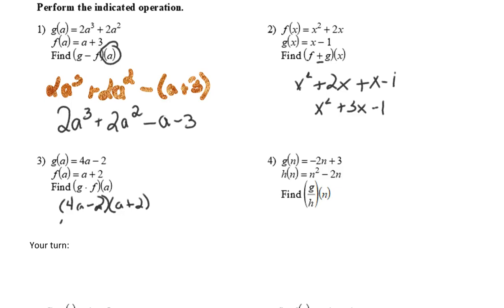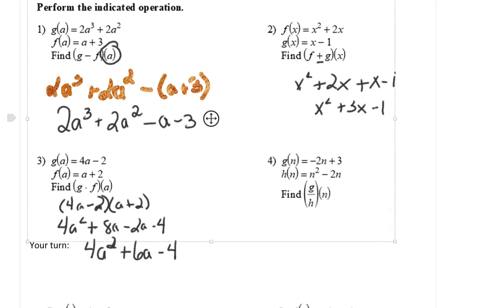So if we FOIL that out, we get 4a squared plus 8a minus 2a minus 4. Combine like terms, and you get 4a squared plus 6a minus 4. That's it for number 3.